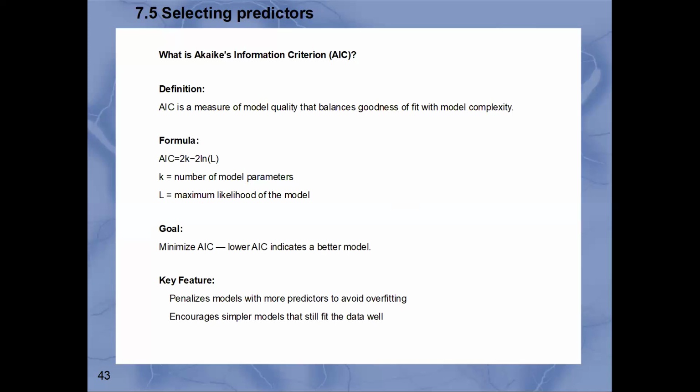The goal is to minimize AIC, and lower AIC indicates better models. Of course, the software is going to take care of this for you. The key features are that it penalizes models with more predictors to avoid overfitting, and it encourages simpler models that still fit the data well.